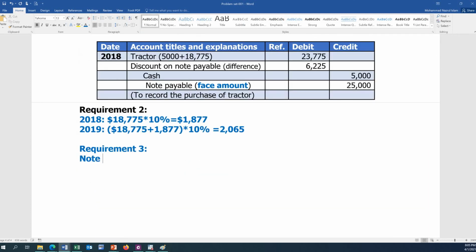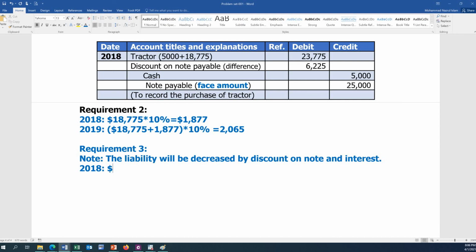One thing I want to note, please keep in mind that the liability will be decreased by the discount on note and interest. So the liability in 2018 would be equal to the note payable, the liability, minus the amount of discount on note payable.